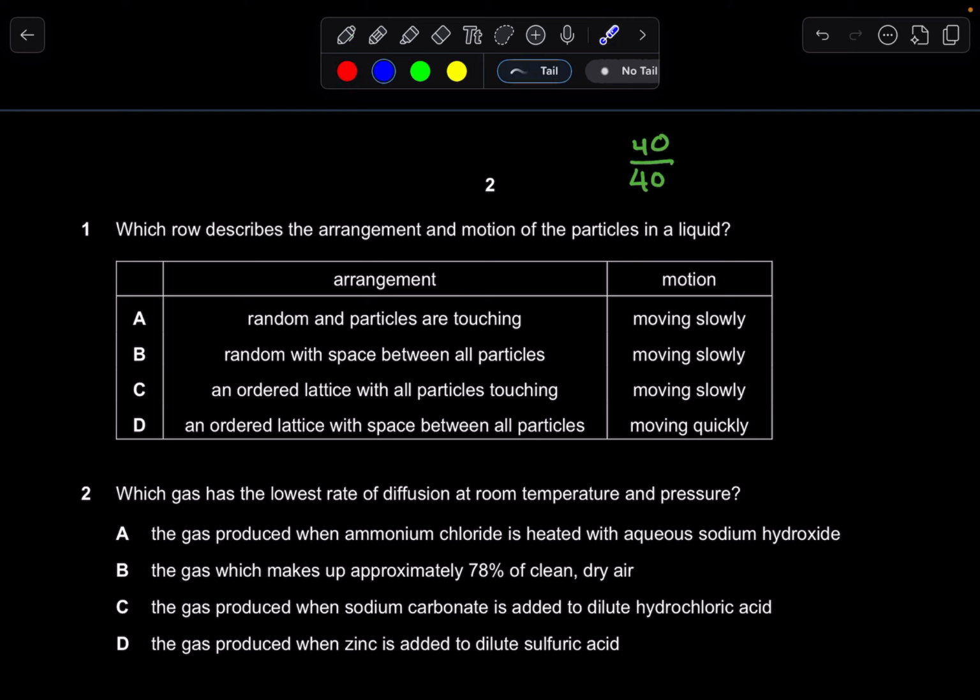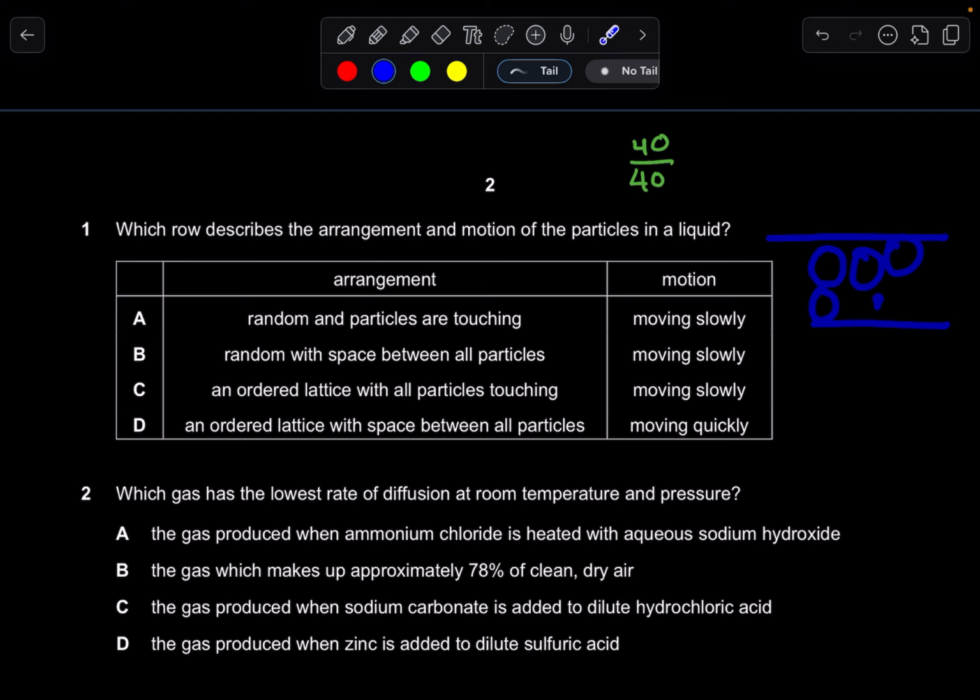Which row describes the arrangement and motion of the particles in a liquid? Firstly, we should know the arrangement. I know that it's random and the particles are touching. So, random with space between all particles? The thing to understand here is that if you try to visualize a liquid, there is not a space between all the particles, because look, these are the particles.